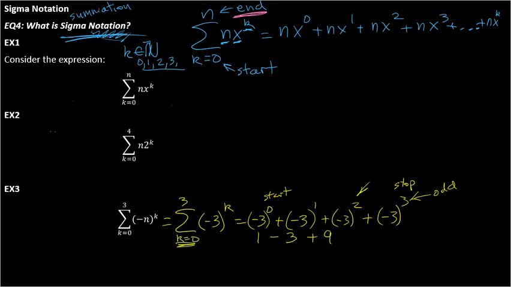If you have a negative number raised to an even power, then your answer is always positive, which is why we had a plus 9. So this is going to be minus 27 here. So 1 minus 3, negative 2, plus 9, 7, and minus 27, negative 20. So my sum here would be negative 20.